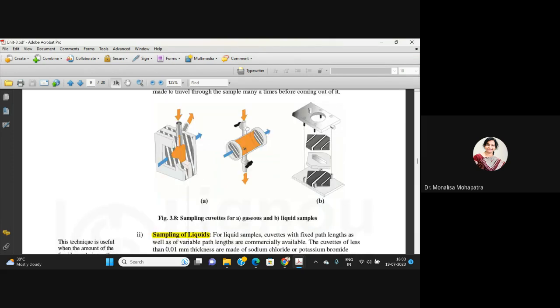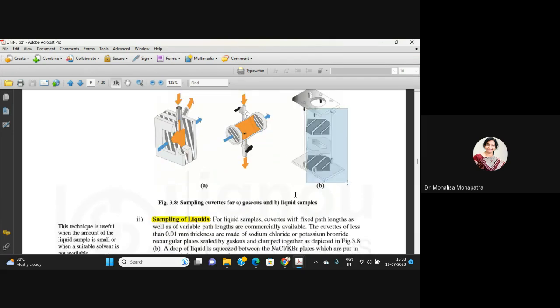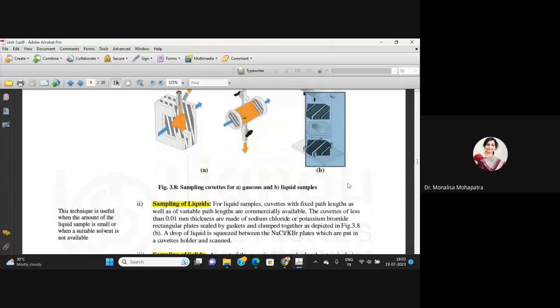But if you are studying a liquid sample, sampling technique B, for liquids, cuvettes with fixed path lengths as well as variable path lengths are available, and cuvettes of less than 0.01 mm thickness are made of sodium chloride and potassium bromide.